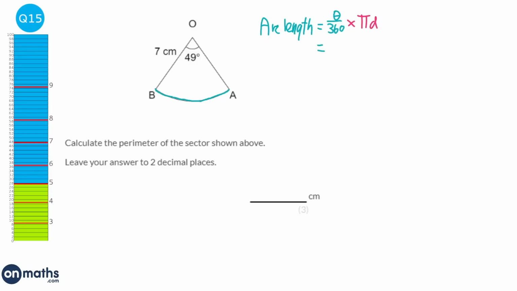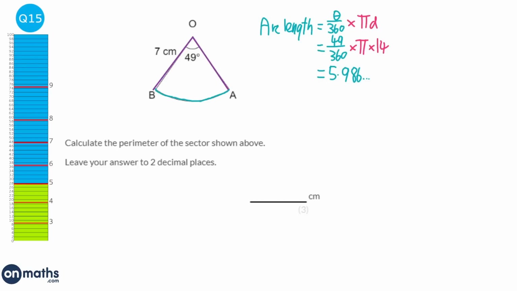And so that's going to be 49 over 360 times pi times, and the diameter would be twice the radius. The radius is 7, so it would be times 14. When we do all of that, we get 5.986, blah, blah, blah. But that is not the perimeter yet. Perimeter needs to include these parts here.